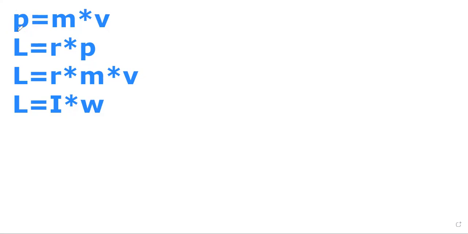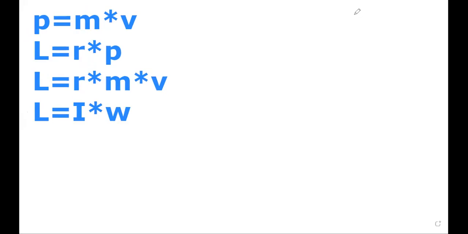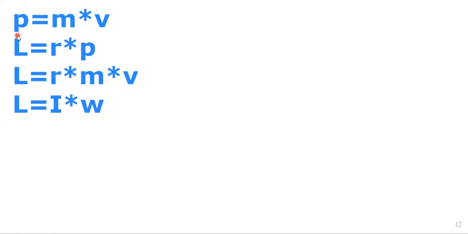No, it's conserved. So P is the linear momentum which is conserved, so we can say that if m decreased, then v increased.